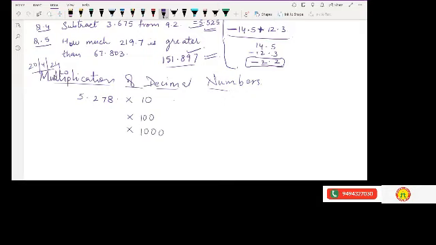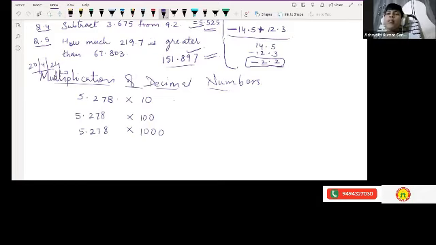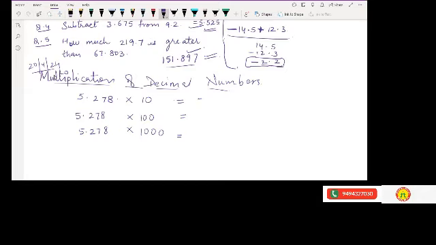So let's multiply the same number with 10, with 100, with 1000. The decimal point will move if we multiply with 10, it will move one time, means 52.78. Absolutely right, Ashwath.